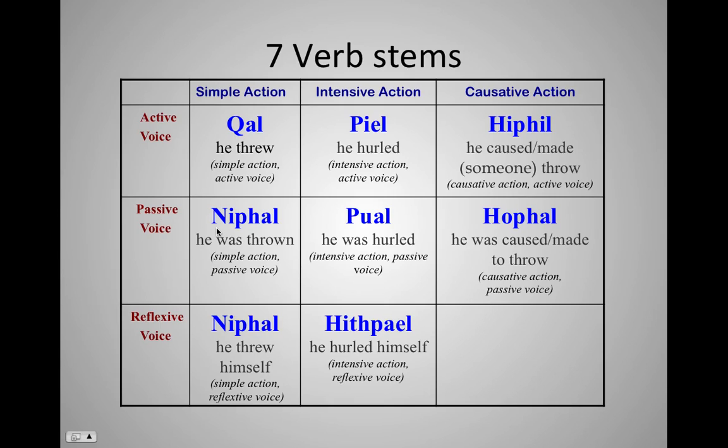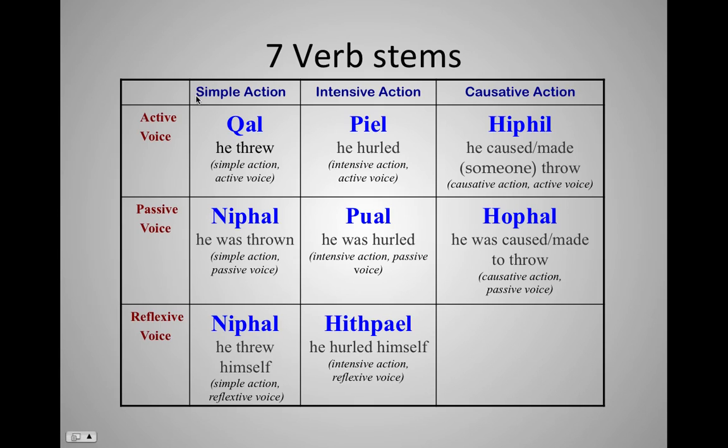Now, on very rare occasions, nifal verbs are not passive voice but reflexive voice. Still simple action, but reflexive voice. So the reflexive sentence could be he threw himself. In that sentence, you can see the reflexive action happening. Our subject is he. He's throwing himself. He's performing an action upon himself.